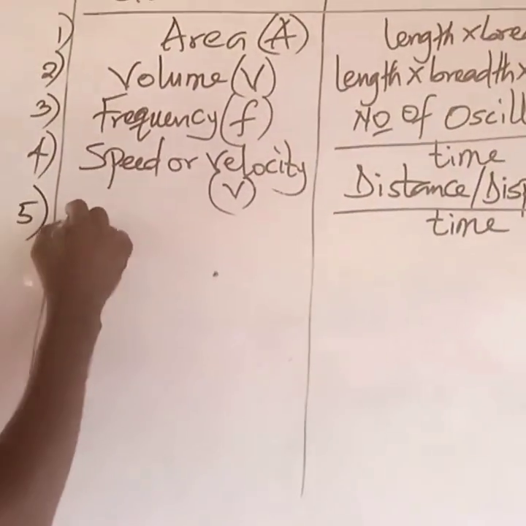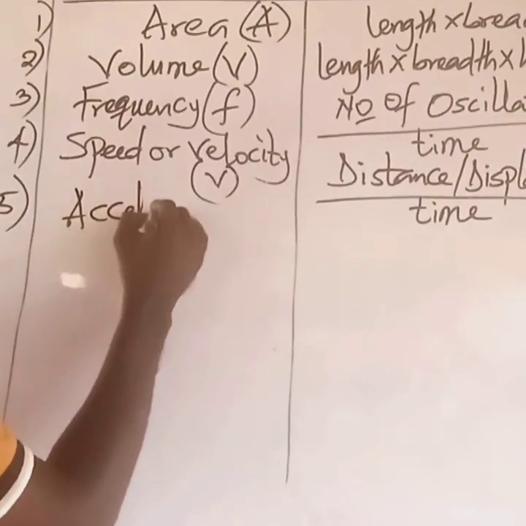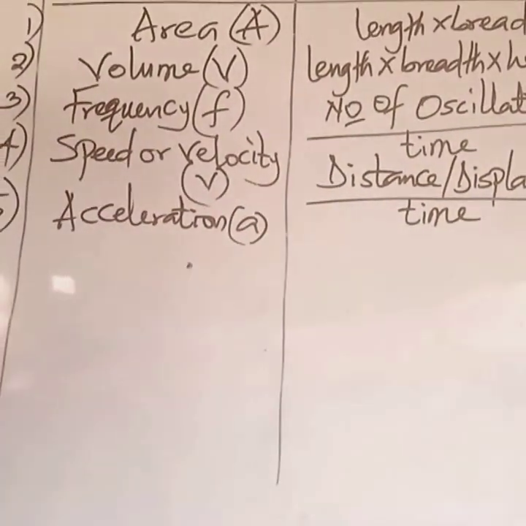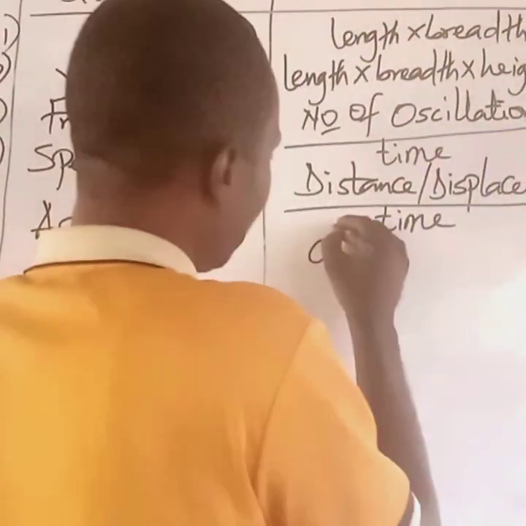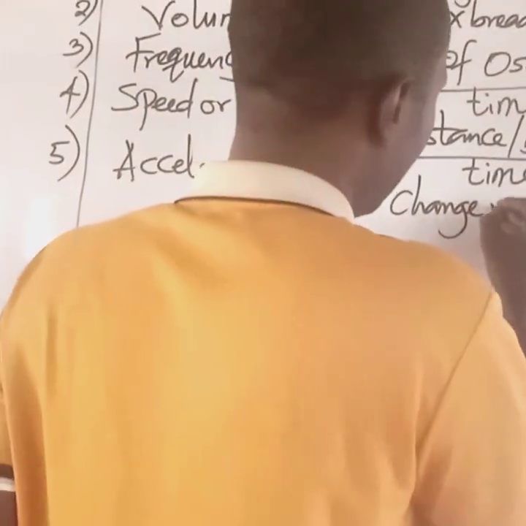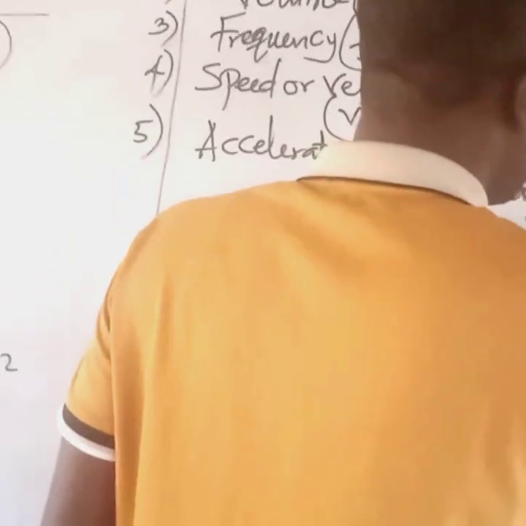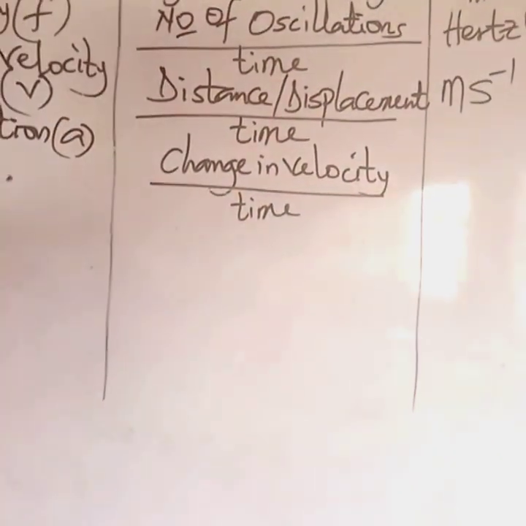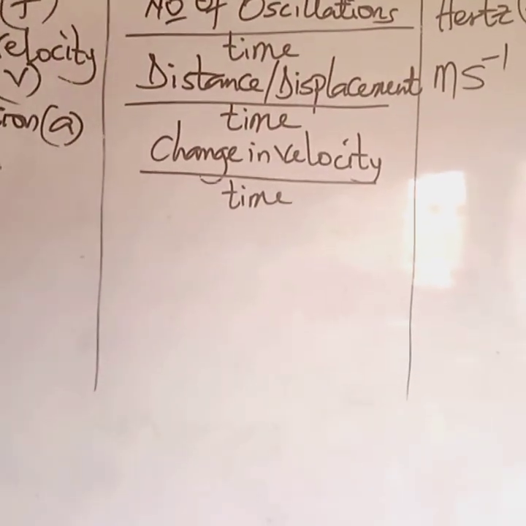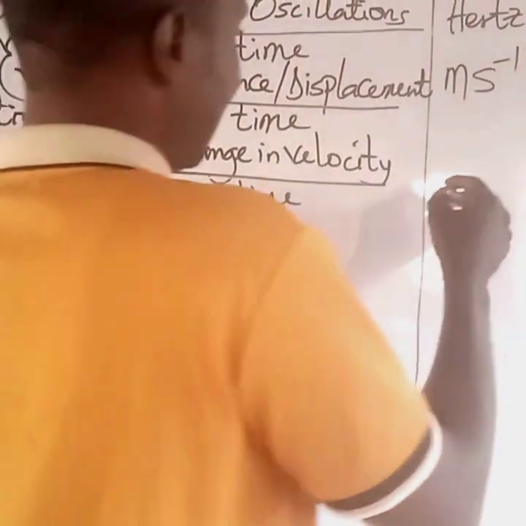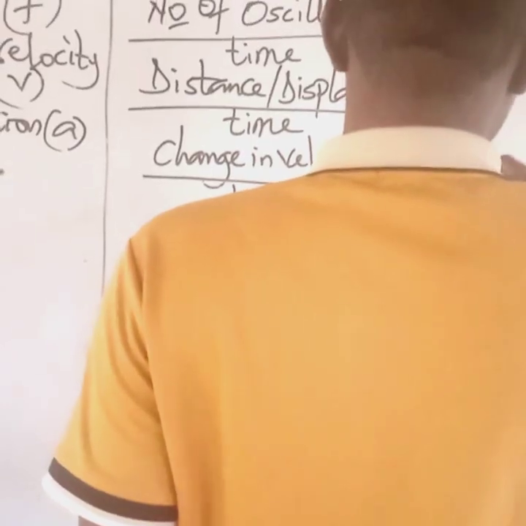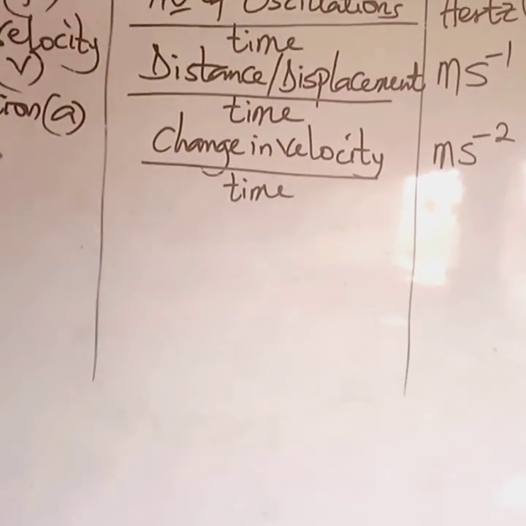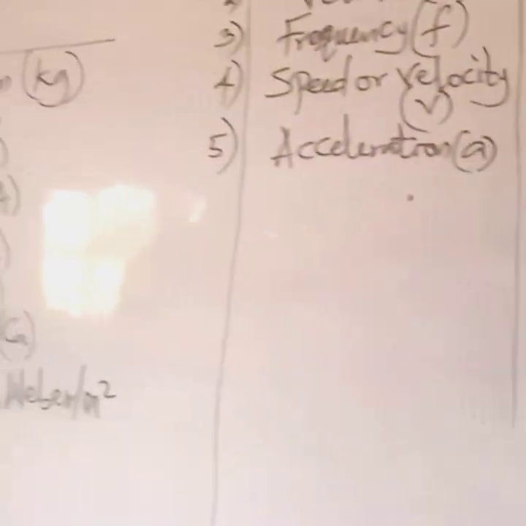Number 5, let's look at acceleration, small letter a. This is change in velocity over time. That is the derivation. And the unit for that is meter per second square.